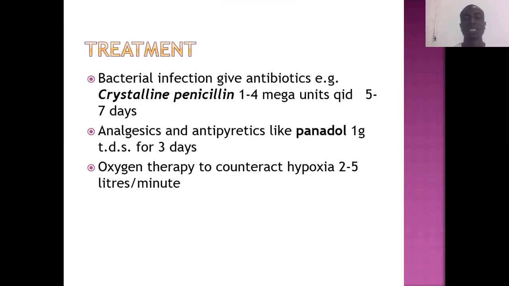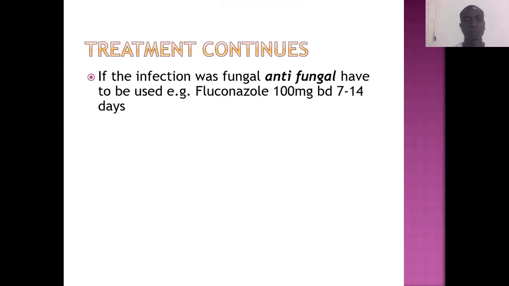If it's in an adult, you give 2 to 5 liters a minute. You can give salbutamol if there's too much inflammation affecting the breathing pattern. If it's caused by fungi, you can give antifungal treatment such as fluconazole 100 milligrams for 7 to 14 days.